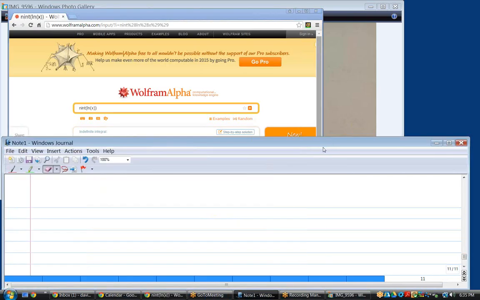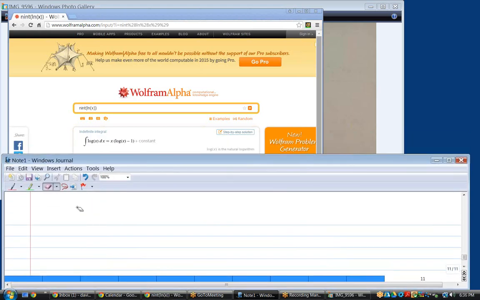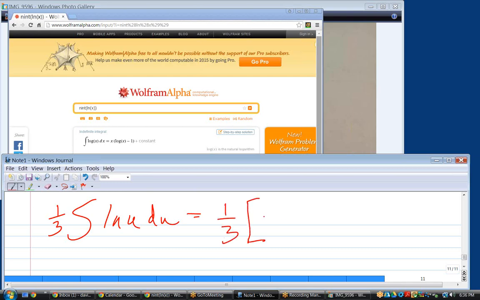Okay, I think that's a fair assumption. In other words, our problem is the integral of the natural log of u du, with the 1/3 out there, and this would be u times natural log of u minus 1 plus c.